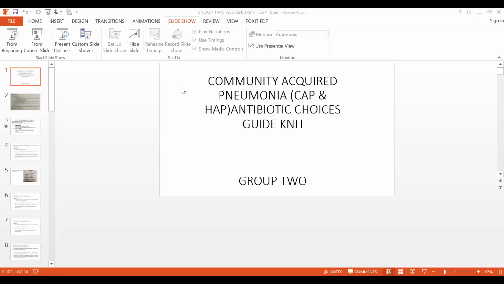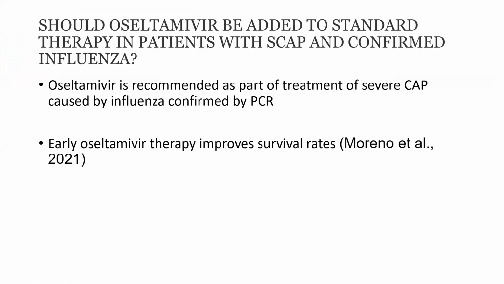So we attempted to add oseltamivir to the therapy for patients with severe pneumonia. Most of the data that we got is only if influenza is confirmed by PCR. If you confirm influenza by PCR, there are papers that have shown that early initiation of therapy improves survival rate.